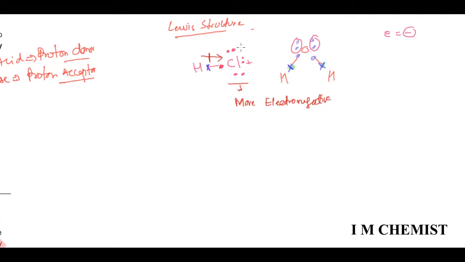Resultantly, chlorine will carry partial negative charge while hydrogen will carry partial positive charge. Hence, we can say that this HCl hydrochloric acid molecule is polar in nature. ये हमारे पास क्या है? This is polar in nature because it have partial positive and partial negative pole.